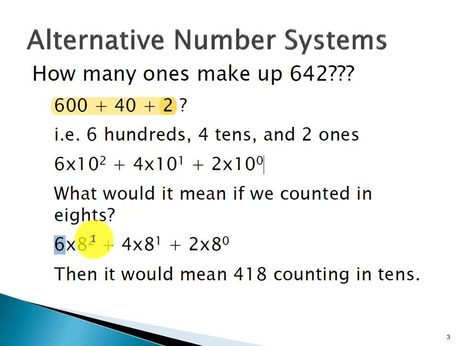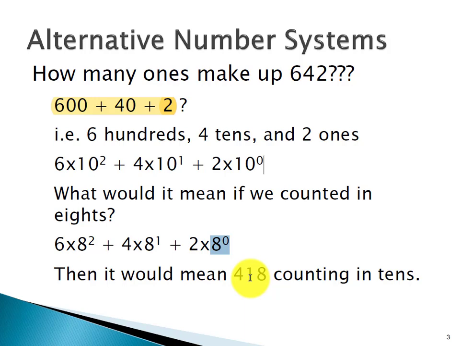If the position is 1, then the exponent will be 0. If the position is 5, then the exponent will be 4. So it would be 6 multiplied by 8 to the power of 2 plus 4 multiplied by 8 to the power of 1 plus 2 multiplied by 8 to the power of 0. And anything to the power of 0 is 1, as you all know. Anything to the power of 0 is 1, not 0.